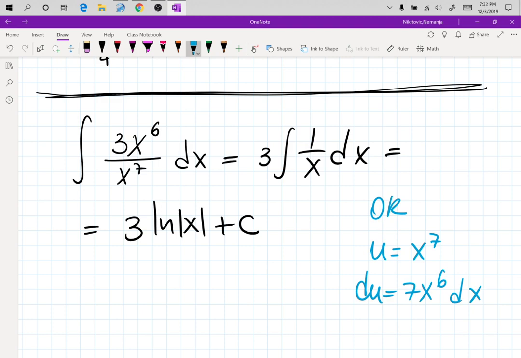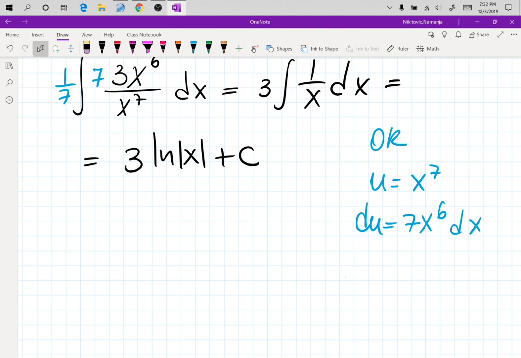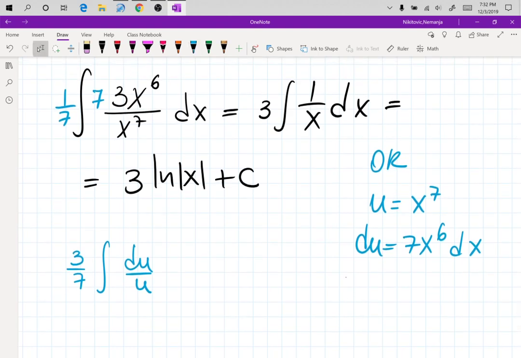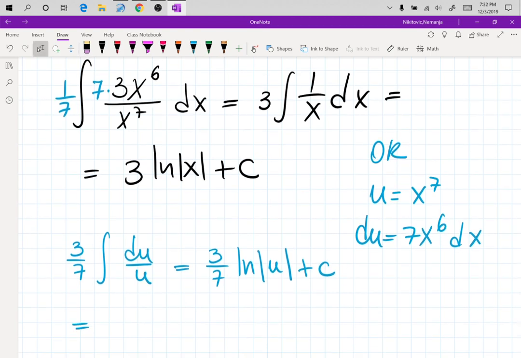So now I need a 7 and a 1 over 7 there, which creates 3 over 7 integral du over u, which is 3 over 7 ln of u plus c, which is 3 over 7 ln of, and u is x to the 7, plus c.